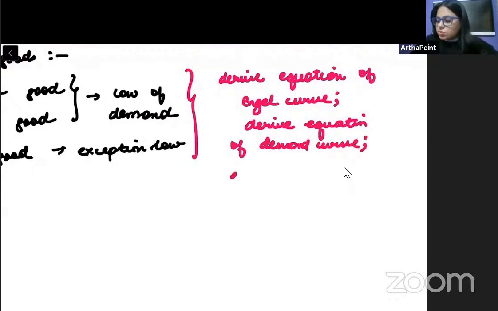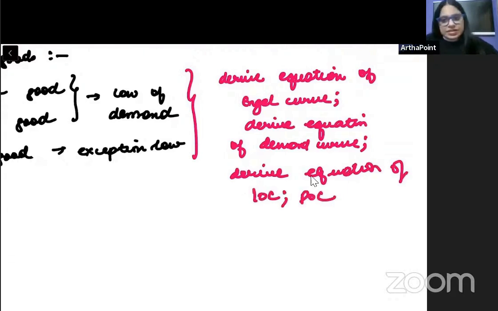Or they may ask you, derive the equation of income offer curve or price offer curve. Like that, they can ask you in exam. They can give you 4 options and ask, which of the following represents the equation of the Engel curve?